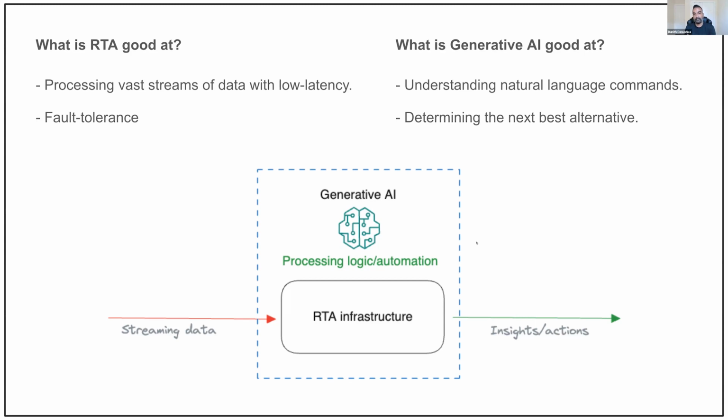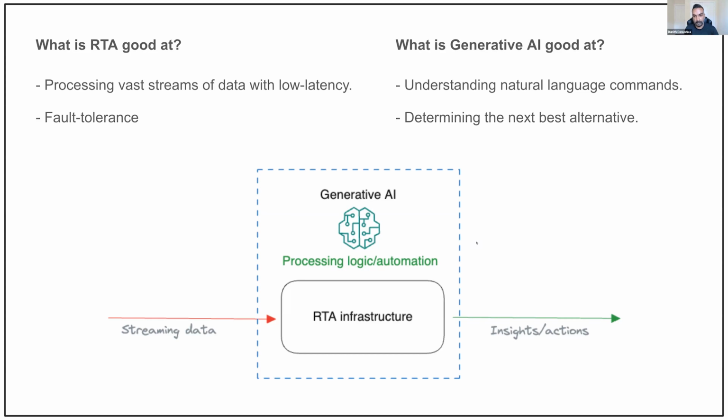And then when we talk about generative AI, they are really good at understanding natural language commands, and also they can synthesize different things with their internal representation and come up with cool things like what's the next best alternative. So it's much easier to let a model do that rather than writing a bunch of lines of code. So that's what we are going to do today.